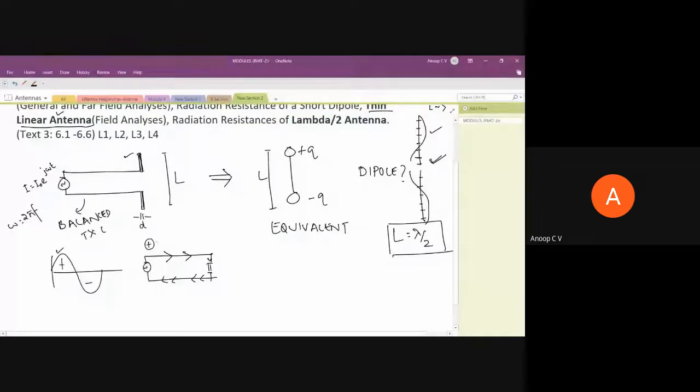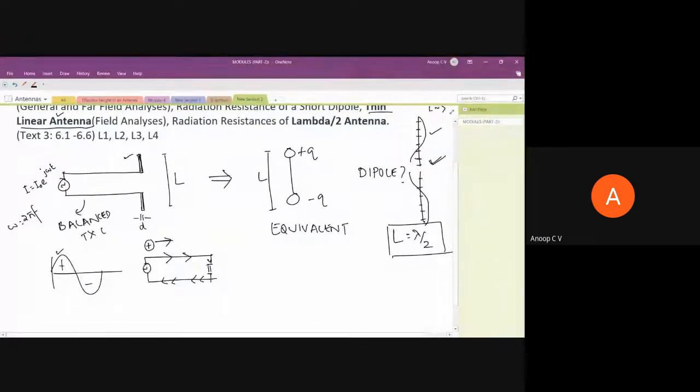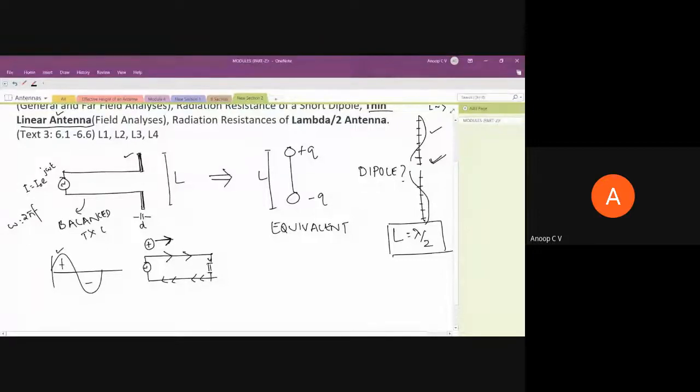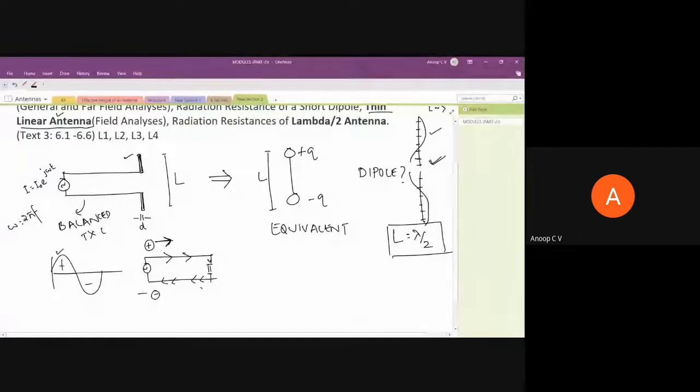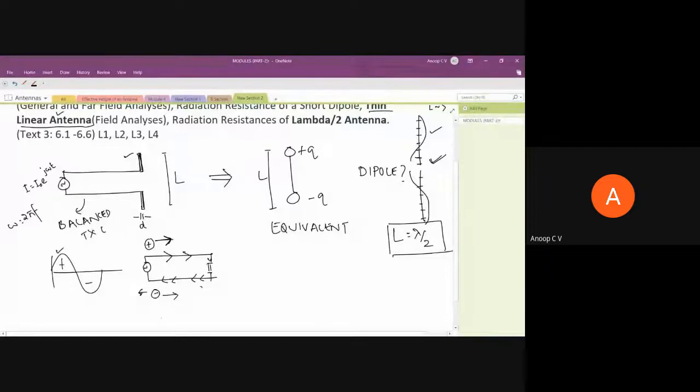If current is flowing like this, a positive charge is flowing like this. Similarly, if current is flowing in the opposite direction, you can assume a negative charge is flowing in this direction. So in the upper conductor there will be current from left to right, and in the lower conductor there will be current from right to left.